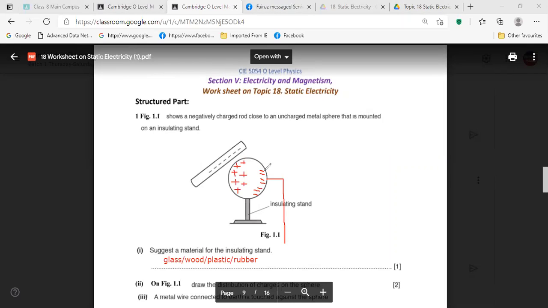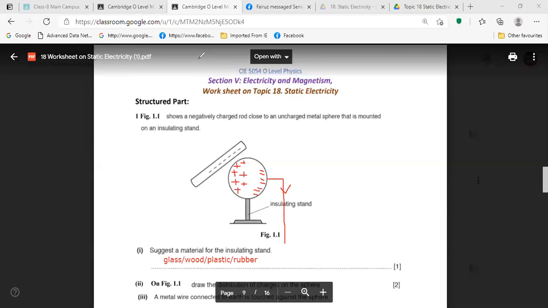These electrons will be repelled by the electrons on the rod, right? Yes, sir. That's why the electrons will flow to the ground, right? And this side will be neutral then, and only positive charges will be left in the sphere, right?